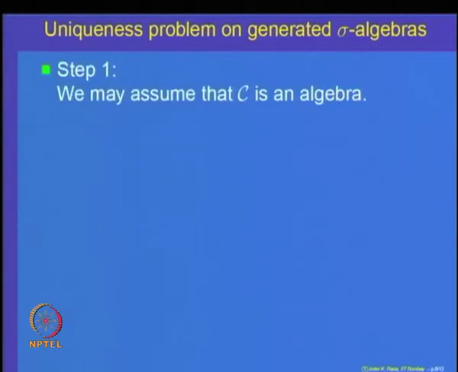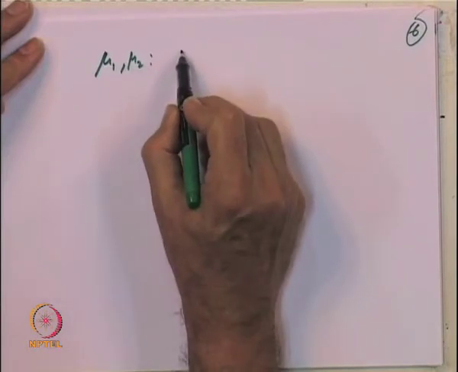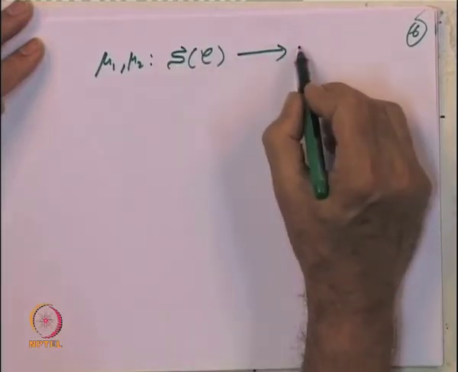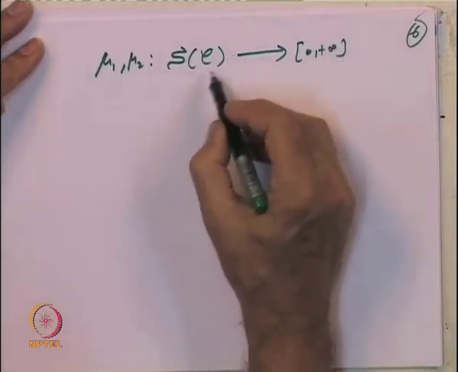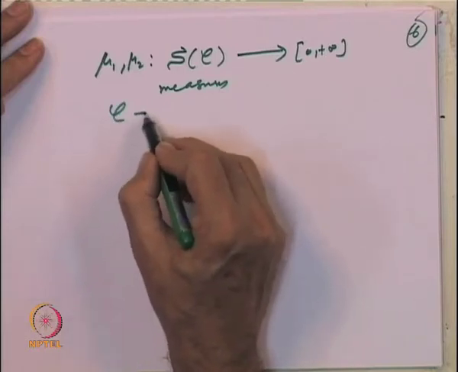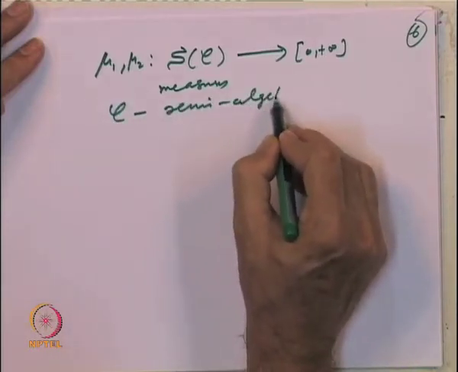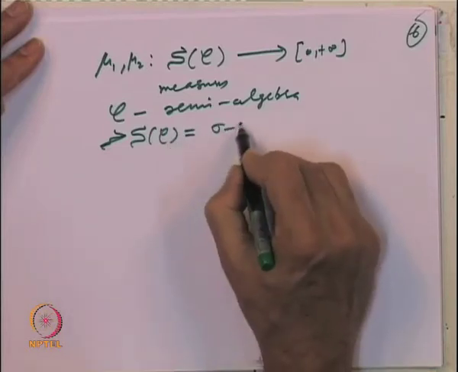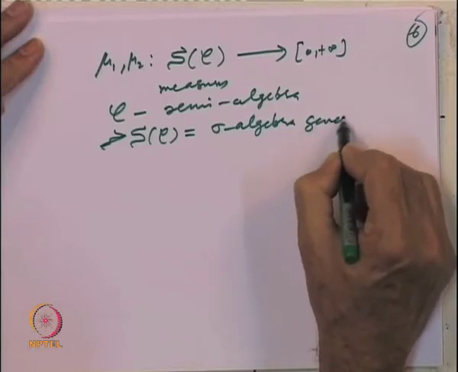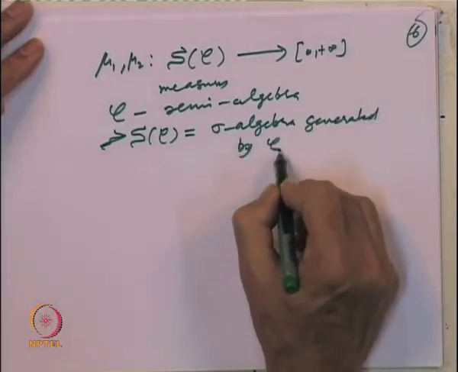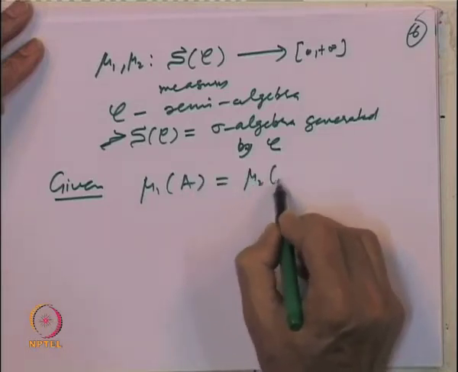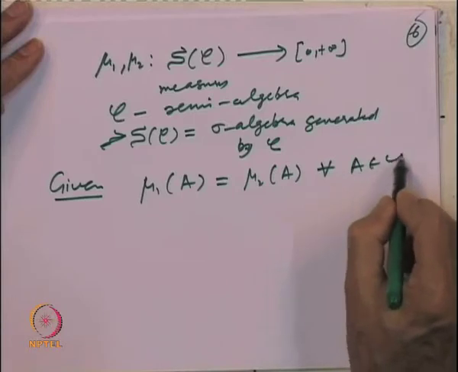So, let us look at the statement of the theorem. Once again, let mu 1 and mu 2 be two sigma finite measures defined on the sigma algebra generated by a semi algebra C. Here C is a semi algebra, S of C is the sigma algebra generated by C, and we are given mu 1 of A is equal to mu 2 of A for every A belonging to the semi algebra.